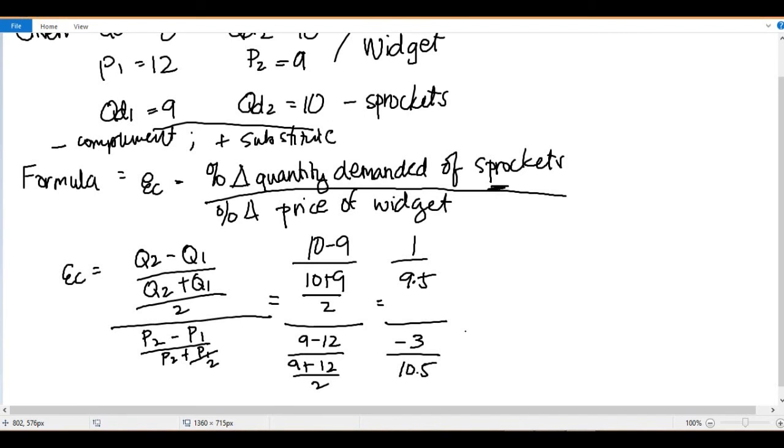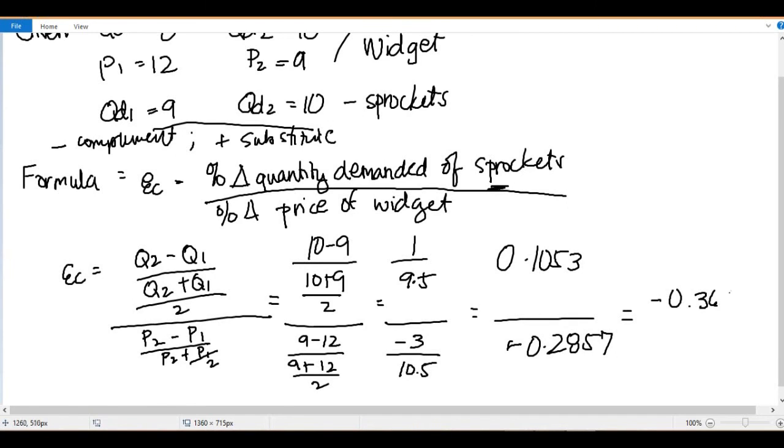Next, we have 1 divided by 9.5 is 0.1053 divided by negative 3 divided by 10.5 is negative 0.2857. So, the answer is negative 0.3686.